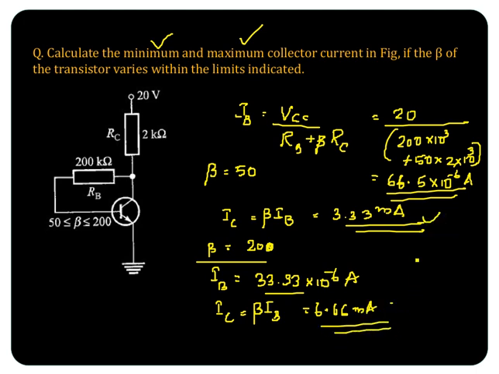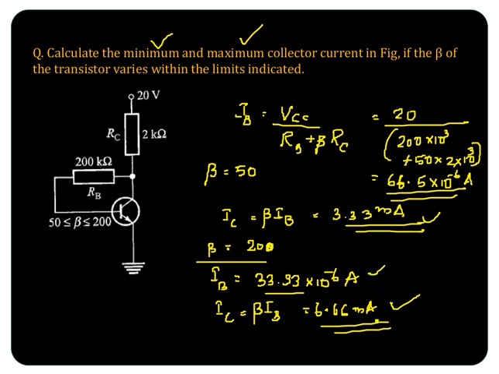So what can you observe from this problem? This is the minimum value of IC, this is the maximum value of IC. What can you conclude from here? See, the beta has increased 4 times. Beta was 50 and now beta is 200. The base current is halved, isn't it? The base current was 66.5 microampere here, but when beta is 200, the base current is halved.